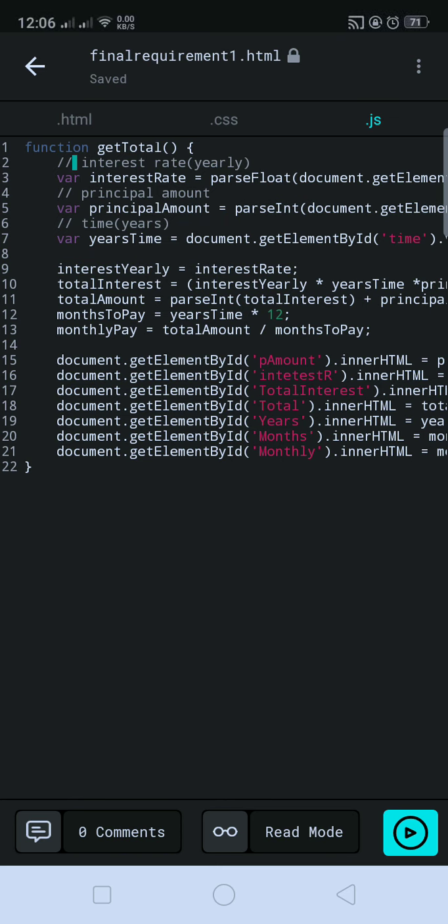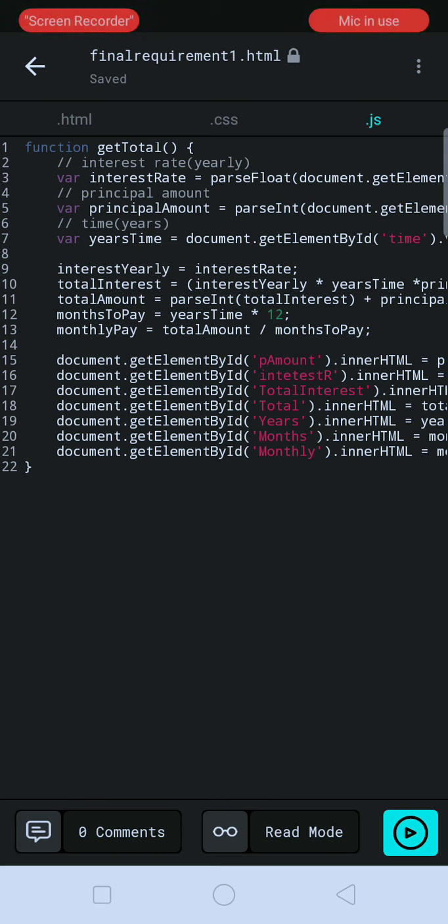Then the last code is the output: document.getElementById P amount innerHTML is equal to principal amount, because you input the value here. Interest yearly is the interest rate, what you input is your interest yearly. Total interest is multiplication, then total amount is addition, years is default.